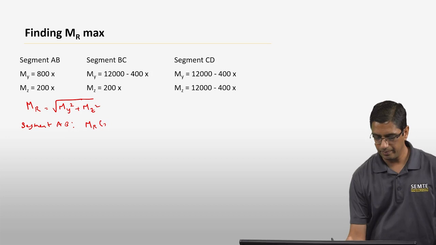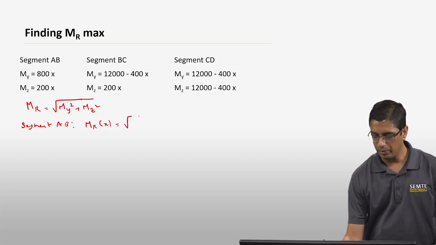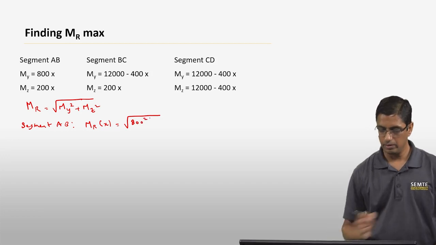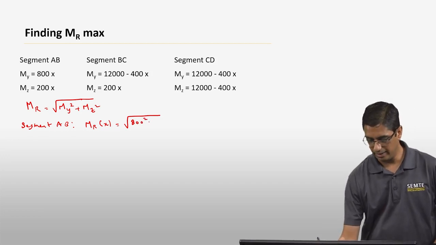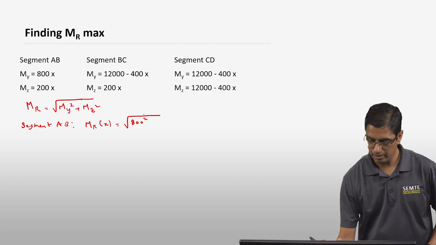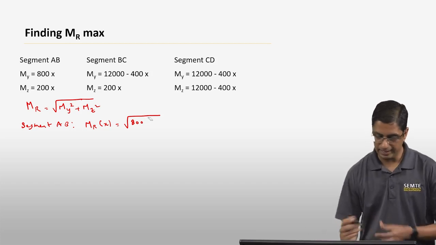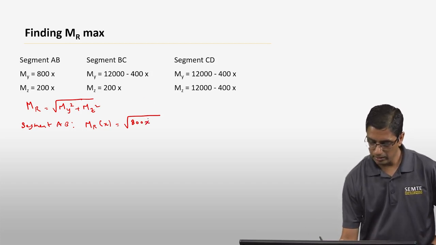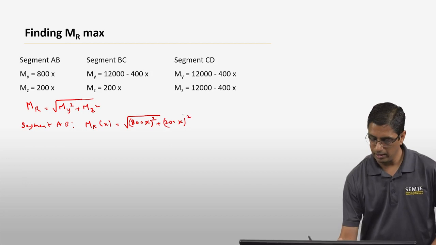Mr of x is going to be the square root of (800x) the whole square, plus (200x) the whole square.